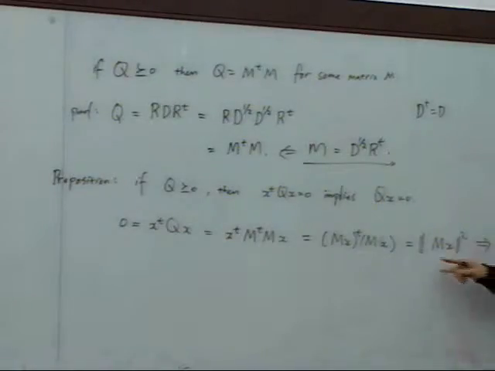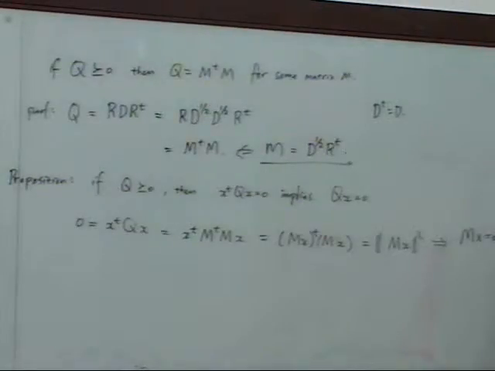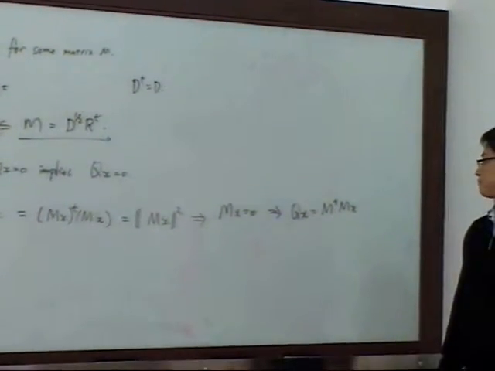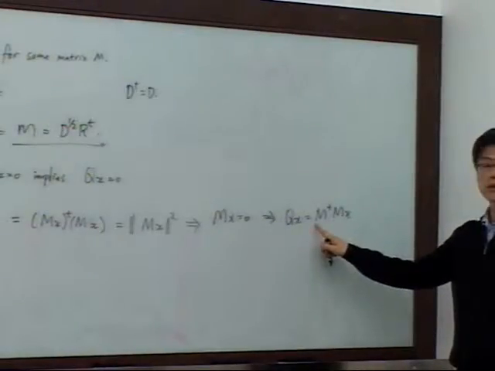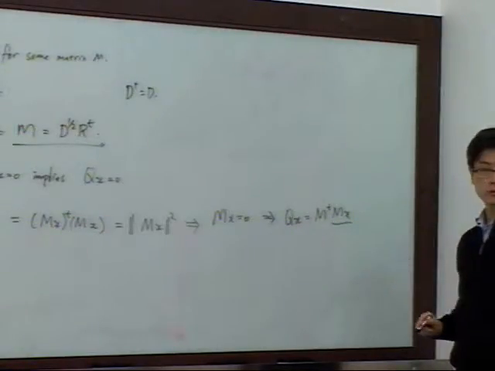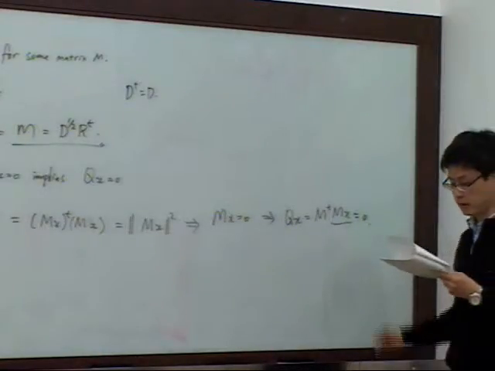Which implies if the norm of Mx is equal to 0, then Mx is 0, which implies, as we did, Qx is equal to M transpose Mx. Right? Because we assumed that Q is equal to M transpose M, and since Mx is 0, this is 0. And therefore Qx is 0.